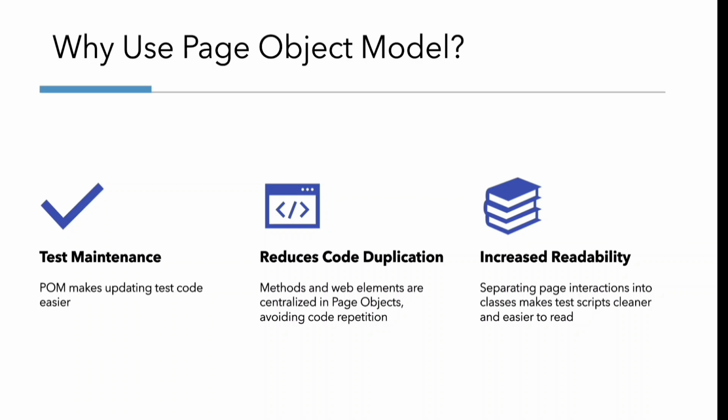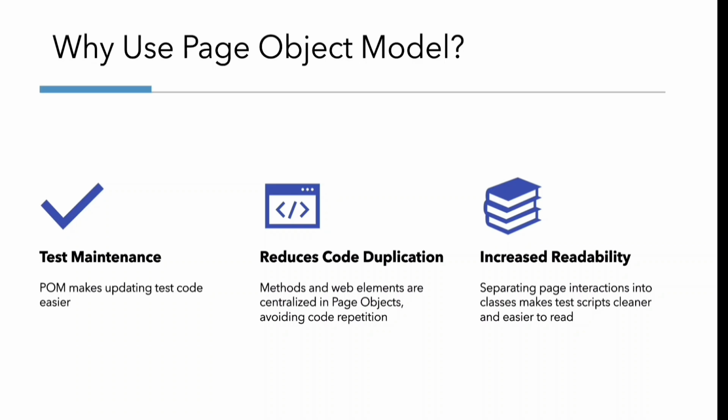The first thing is that we have to maintain our test scripts. Sometimes a developer develops some features and, once developed, changes some locators. Sometimes it happens suddenly; sometimes initially the approach was not to change locators, but they change them somehow.